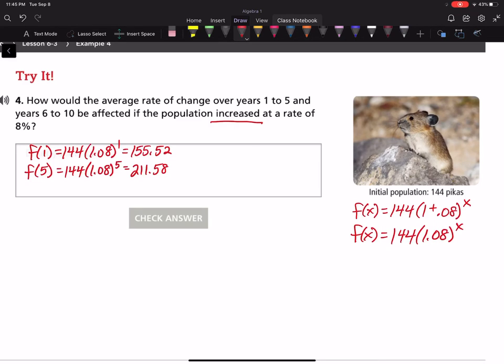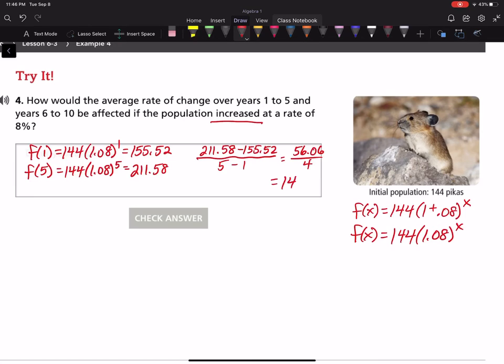And if you subtract those, so you'll have 211.58 minus 155.52 divided by 5 minus 1. So 211.58 minus 155.52 is equal to 56.06 divided by 4.